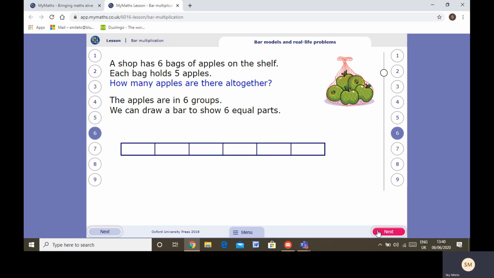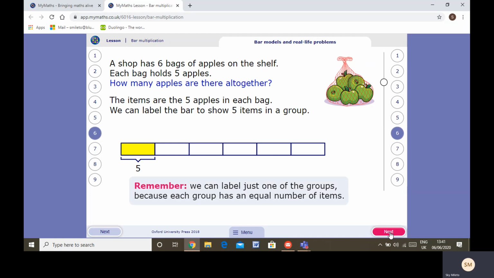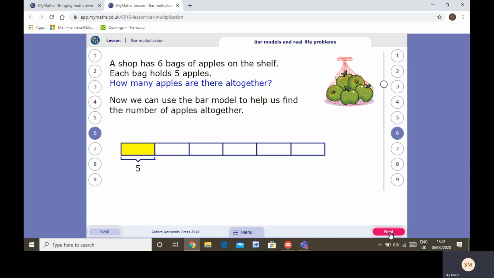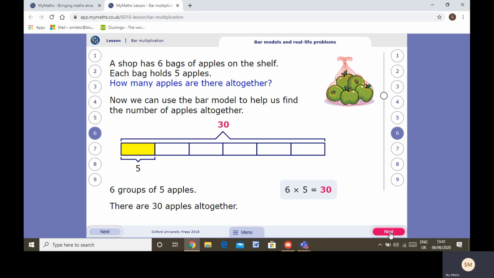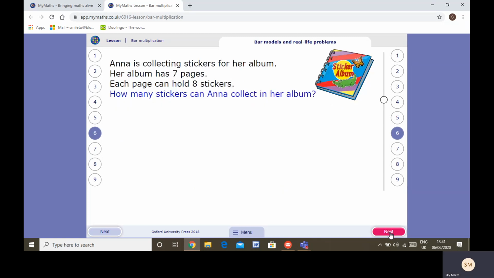So we could draw a bar and split it into 6. We know that in one group there would be 5. So therefore we can do 5 times 6, or 6 times 5, and the whole bar equals 30 apples. Let's try another one.